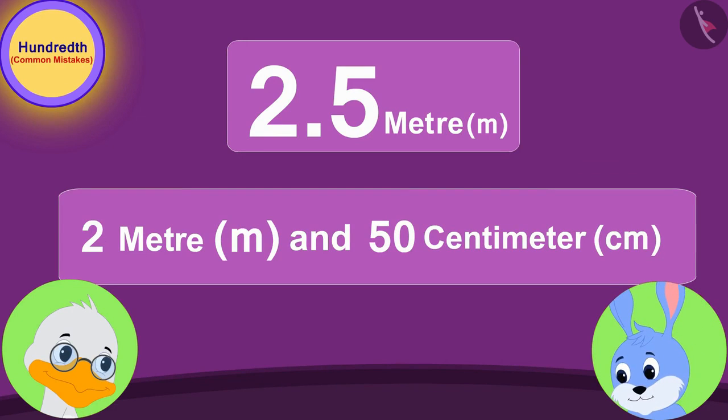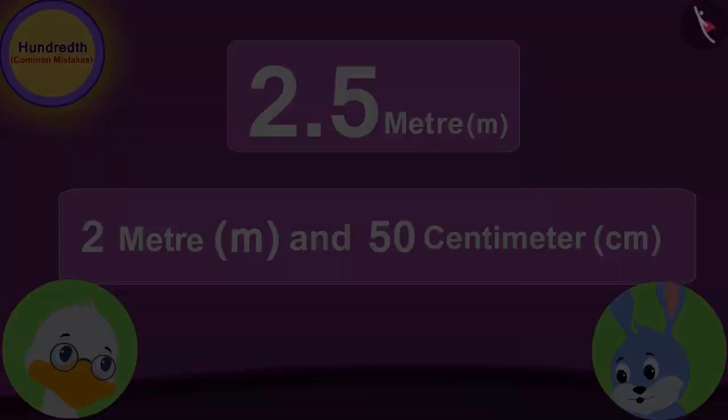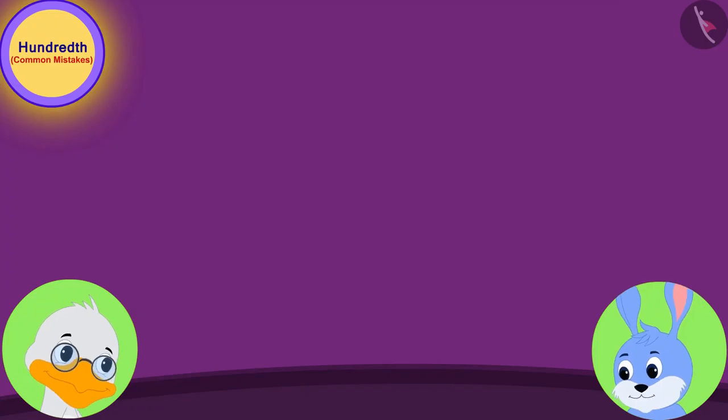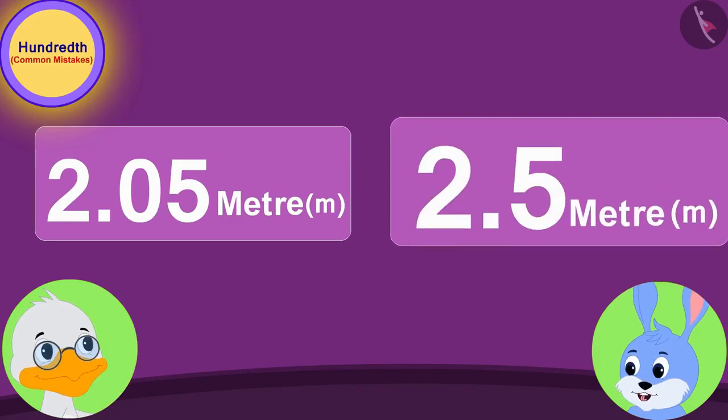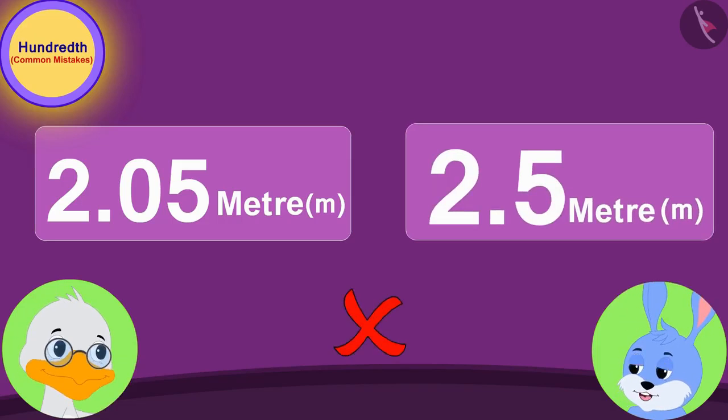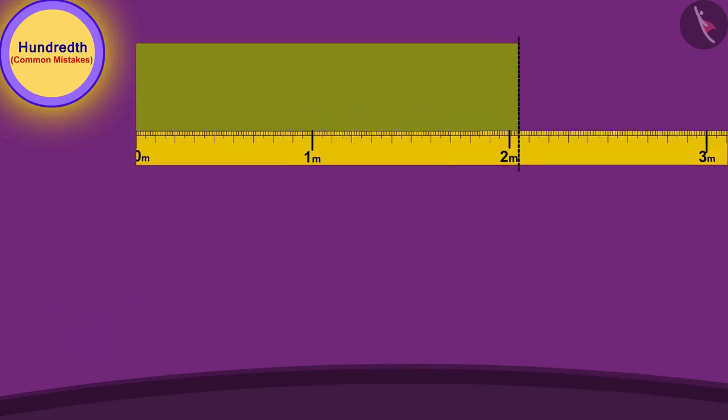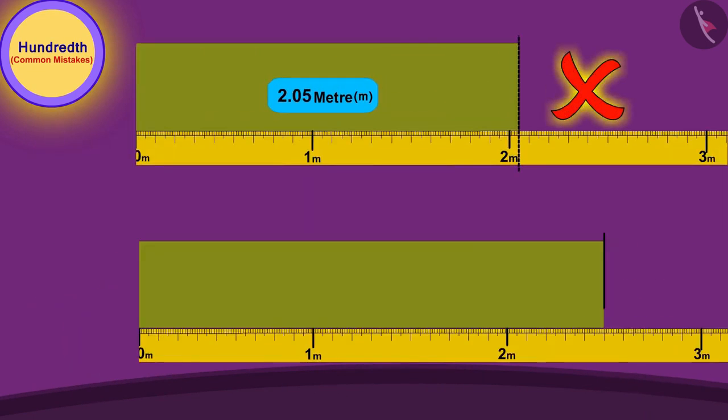Uncle explained to Bunny. Well, now I understand, Uncle, that 2.05 meter and 2.5 meter are not equal. And I accidentally gave Babban cloth of the wrong length. Bunny told Uncle.